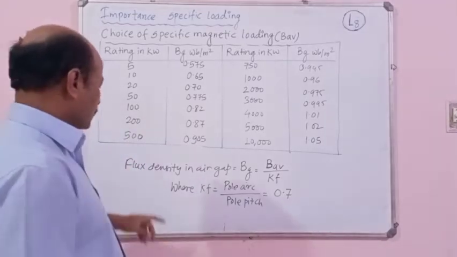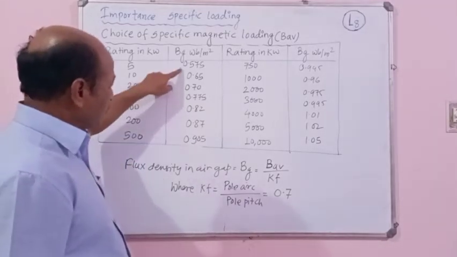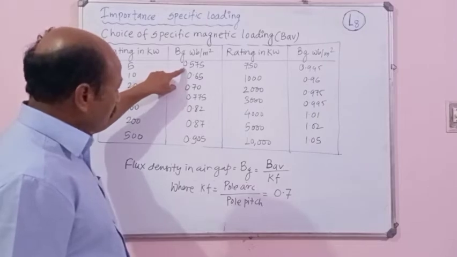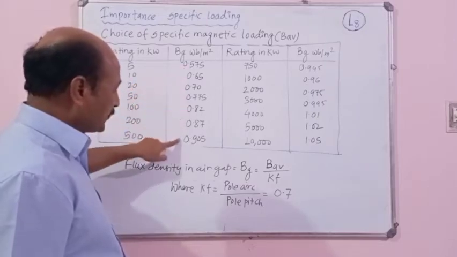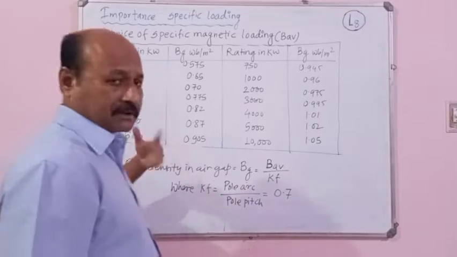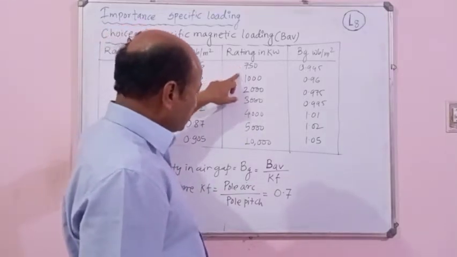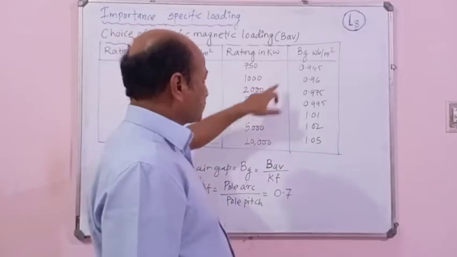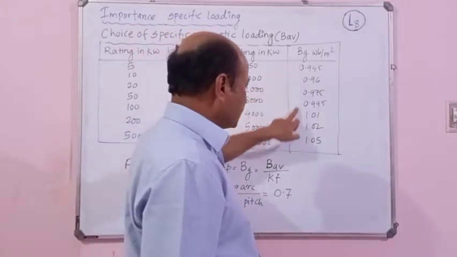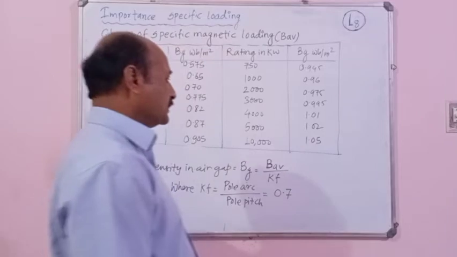The air gap flux density increases from 0.575 to 0.905. So for a further increase in rating of the motor, 750 to 10,000, the maximum value of flux density in the air gap is 1.05.